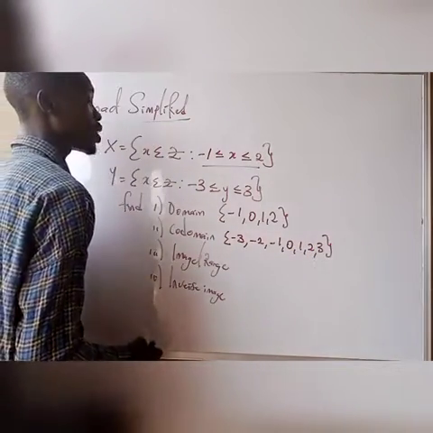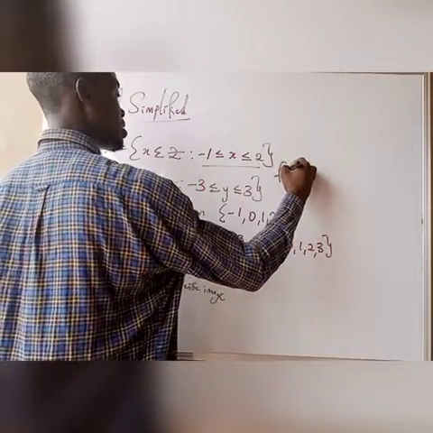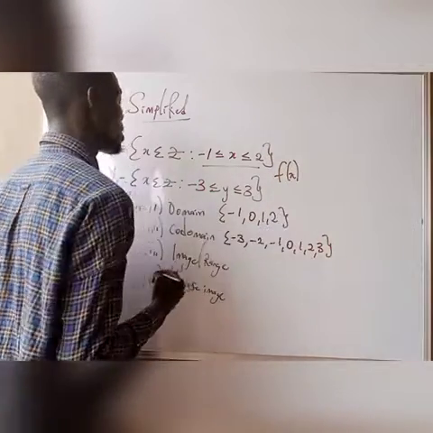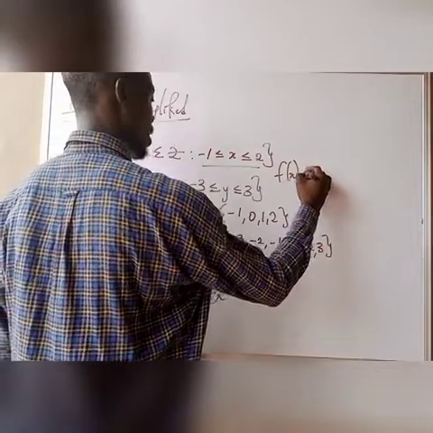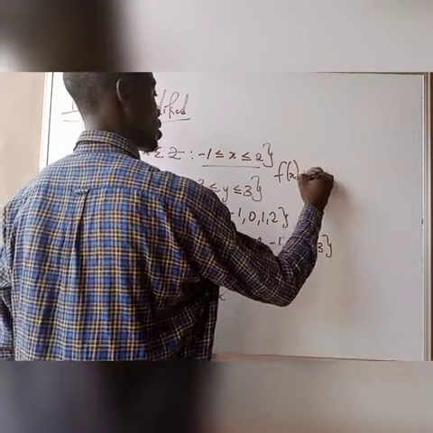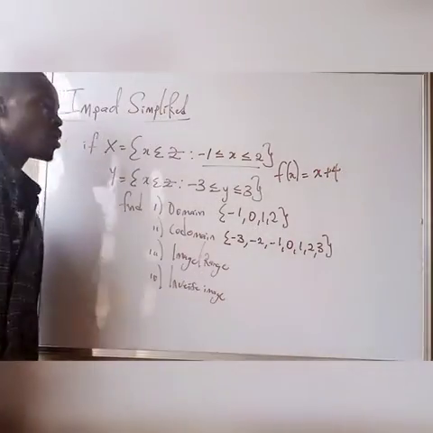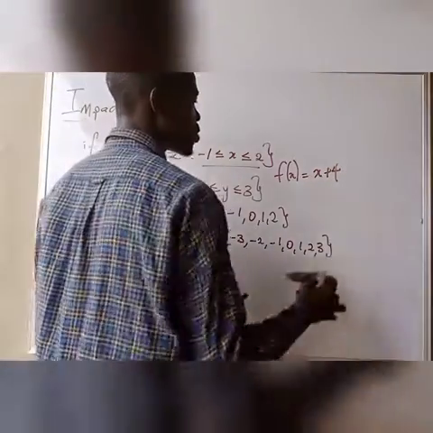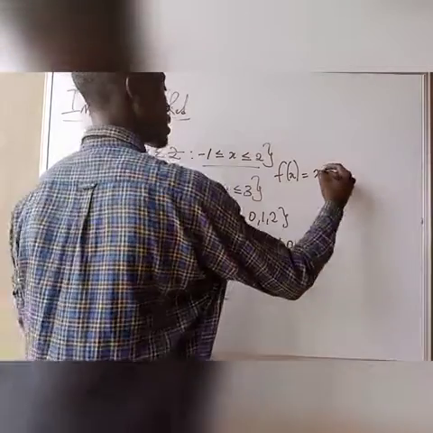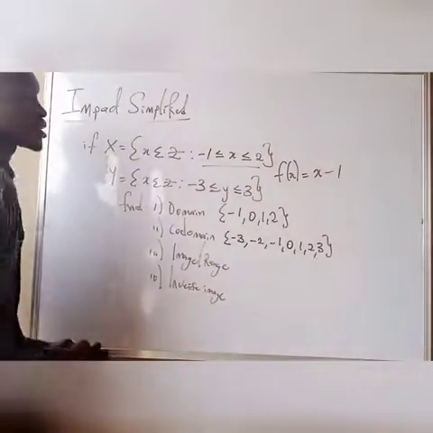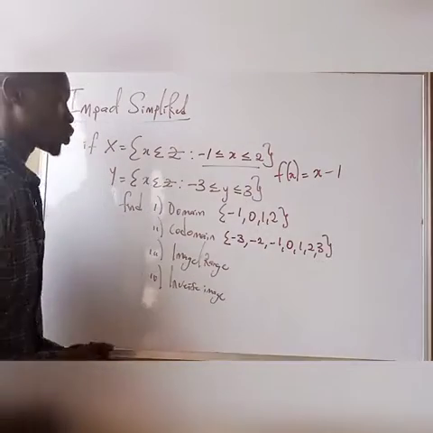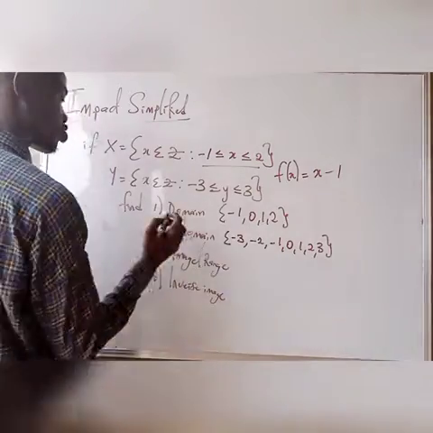Now, for this question, let us look at the relationship between them. They say if f of x is equal to x minus 1. Now, what are we trying to say?